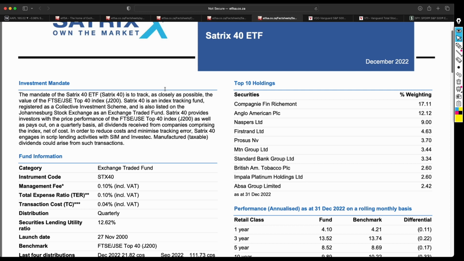So for those people that are interested in small caps and mid caps, they might miss some of those companies because those companies are not represented in the top 40 ETF. Again, these ETFs do mirror each other a lot. So if you're buying the index tracking ETF, not necessarily the individual companies, there's not so much that you are going to lose in terms of performance.